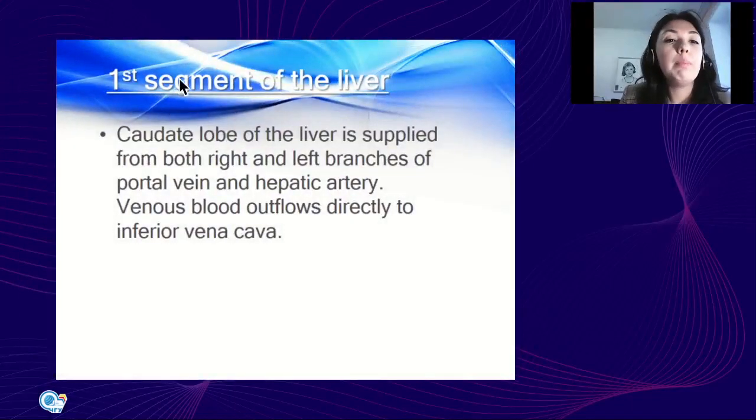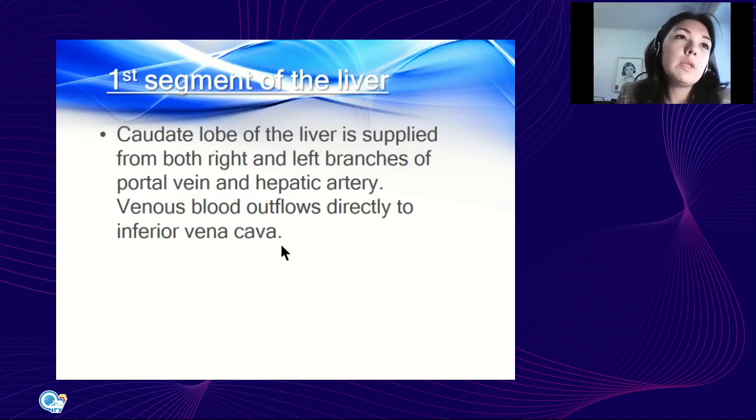We have to know about the first segment of the liver, or caudate lobe. The caudate lobe is supplied from both right and left branches of the portal vein and hepatic artery, so it receives double blood supply. And venous blood from the first segment also outflows directly to the inferior vena cava.